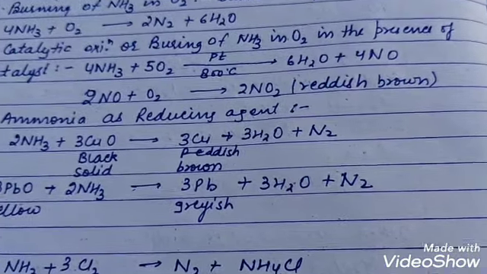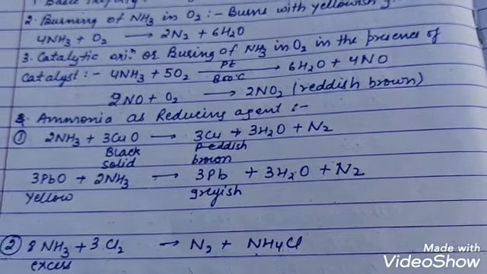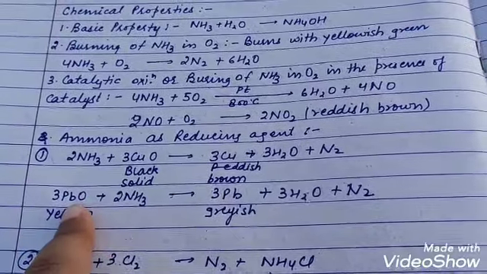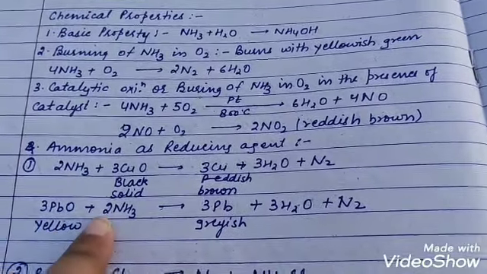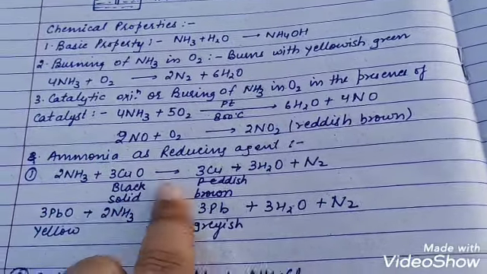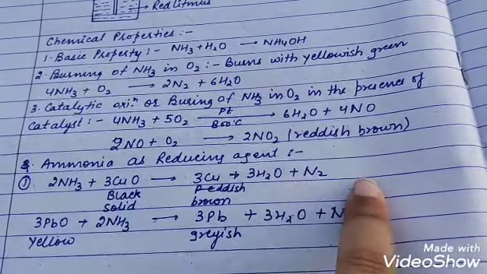They can only be reduced by electrolysis. Those that are a little less reactive, like copper oxide and lead oxide, can be reduced by ammonia. So ammonia will take oxygen and form copper, water and nitrogen gas.